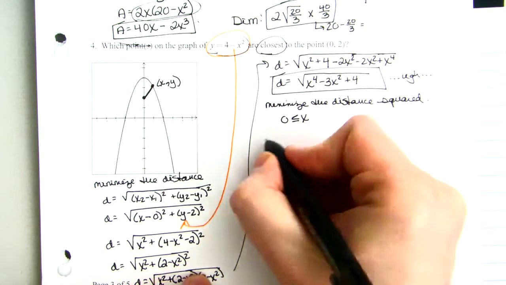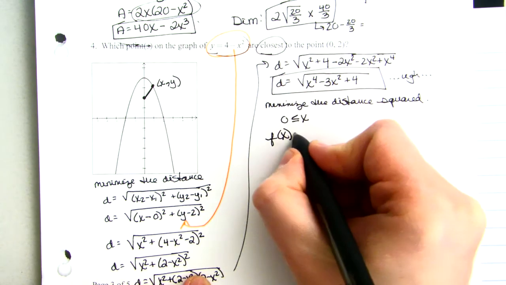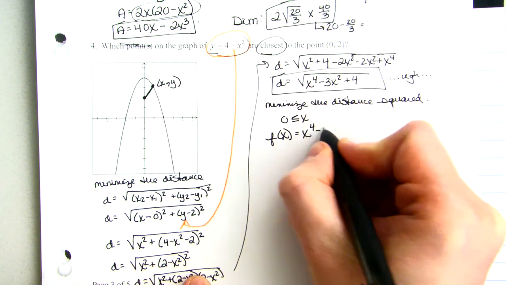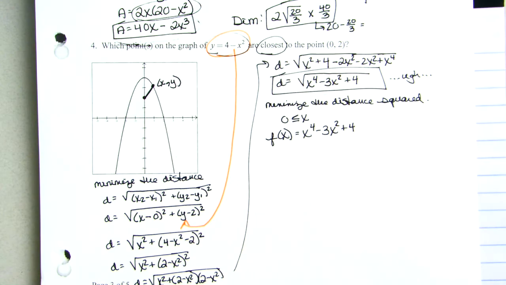Okay, distance squared. Let's look at the function f of x equals, square this thing, and we get x to the fourth minus 3x squared plus 4. Find the derivative, and then just stop.